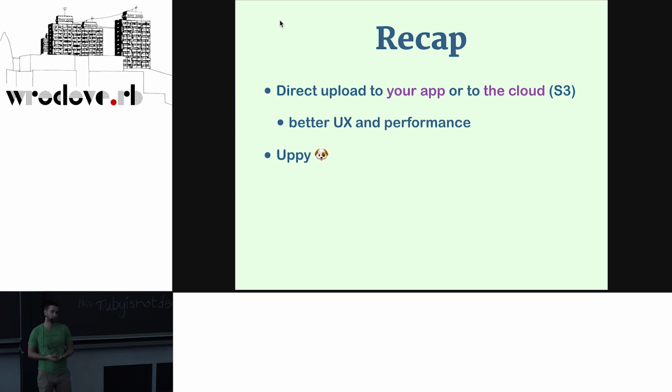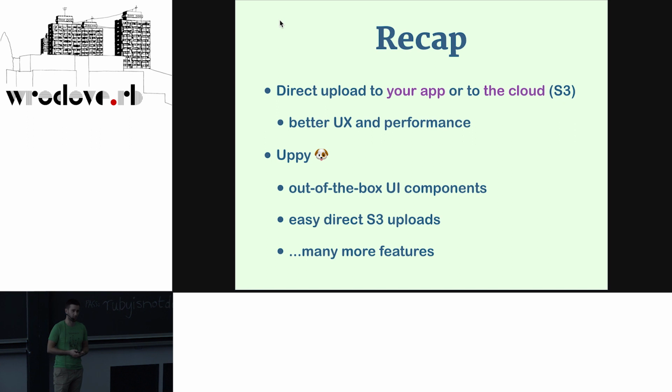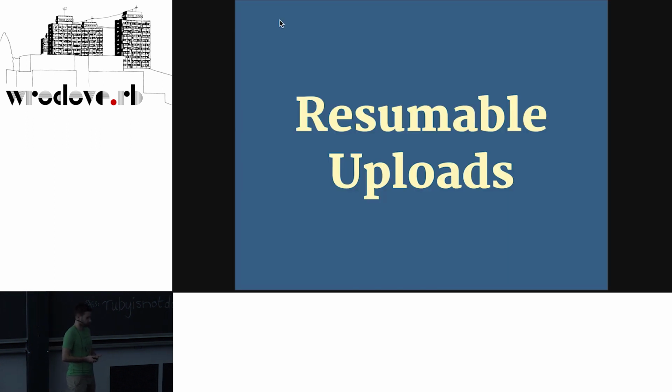I recommend that you use API regardless of whether you're using Shrine or something else. It's really nice because it has built-in UI components and has really easy direct uploads to S3, which I haven't found in other solutions. And it has numerous more features, which I encourage you to check out.